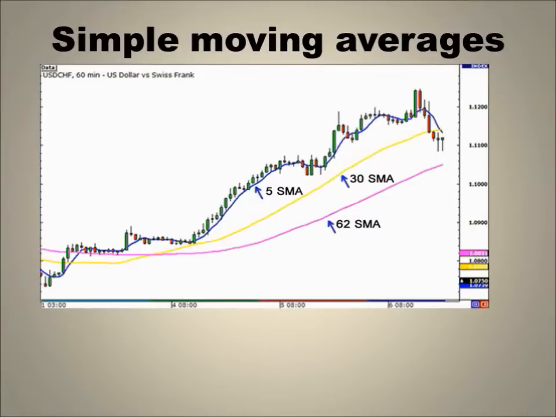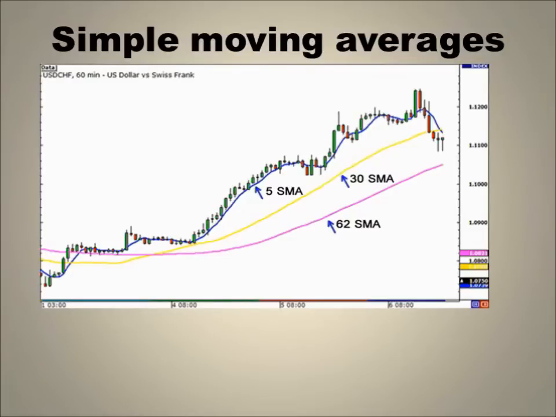That's because with the 5-period SMA, we've added only the last 5 closing volumes of these candlesticks that are the last on this chart. Then we divided that number by 5.